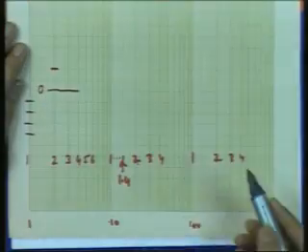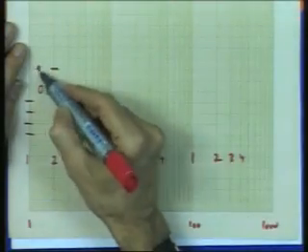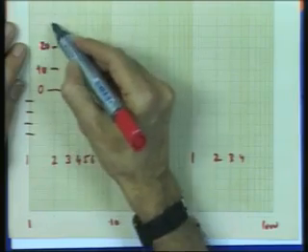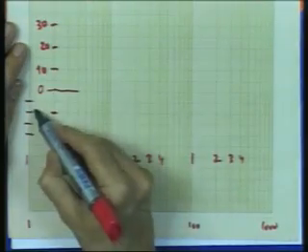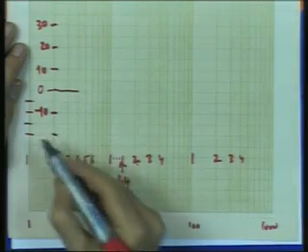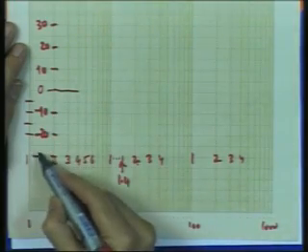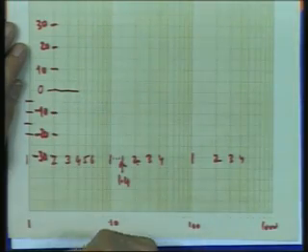Typically, it will be either 1 or 2 divisions or 4 divisions and so on. So, let us say I choose 2 divisions as 10 dB. So, this is 0, this is 10, this is 20, this is 30 and so on. On the negative side, 2 divisions below 0 is minus 10 dB, minus 20 dB, minus 30 dB and so on.